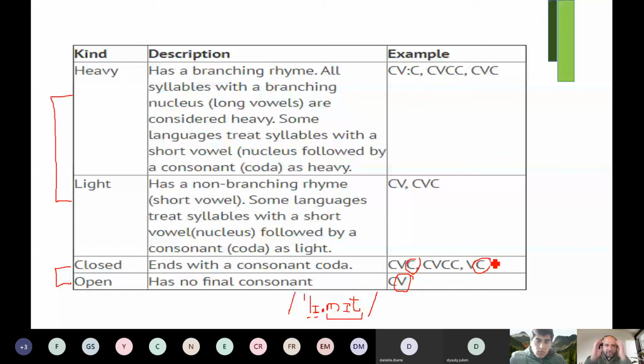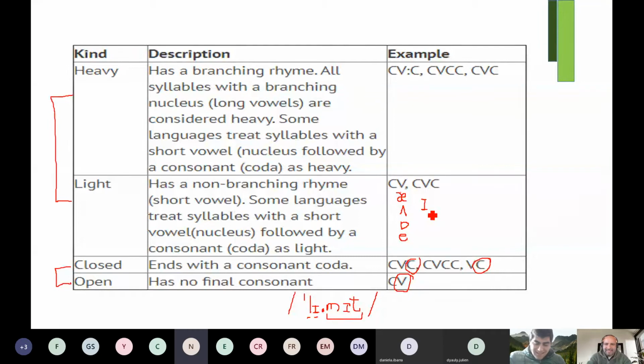And the second classification for syllables is whether the syllables are heavy or light. A light syllable is a syllable containing a short vowel sound, for example, the vowels in trap, wedge, a short o, a short e.